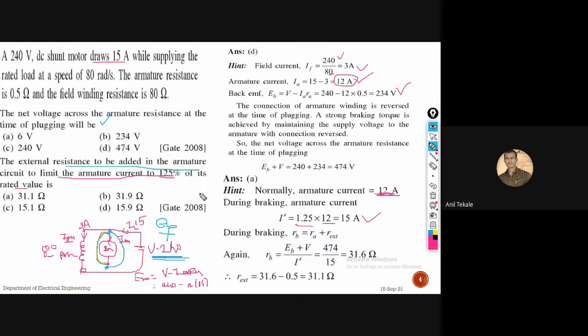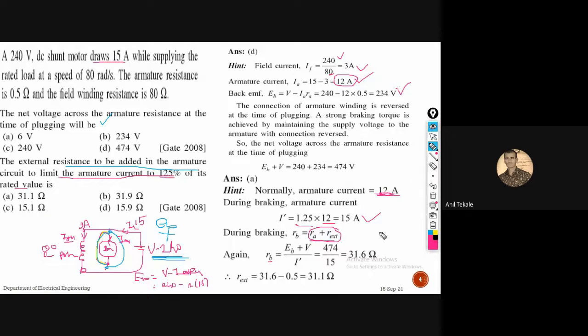So during the braking the current becomes equal to 15 ampere. Is that clear? Now we have to calculate the braking resistance. Braking resistance means armature resistance plus the external resistance we are inserting. Instead of Ra plus Rext, we calculate Rb.